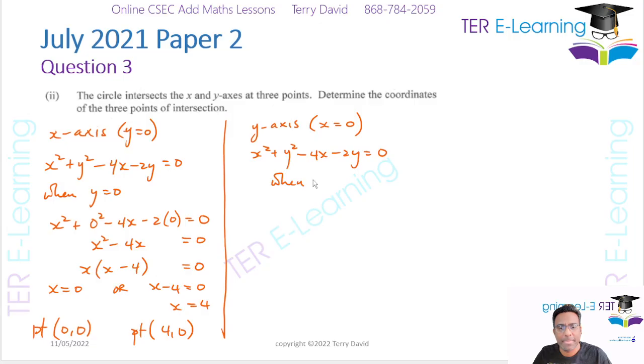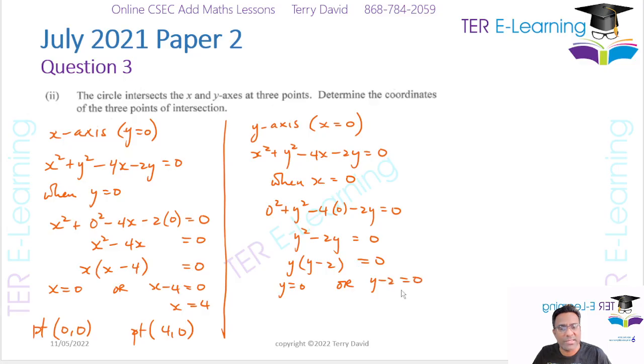So when x is equal to 0, we're going to say 0 squared plus y squared minus 4 by 0 minus 2y is equal to 0. This is going to give me y squared minus 2y is equal to 0. If we factorize this, we get y(y minus 2) is equal to 0. So either y is equal to 0, or y minus 2 is equal to 0, so y is equal to 2.